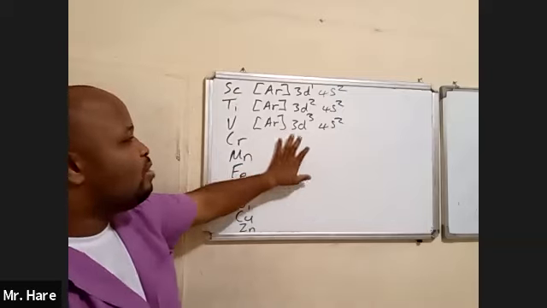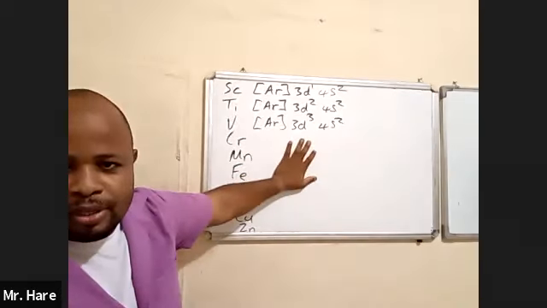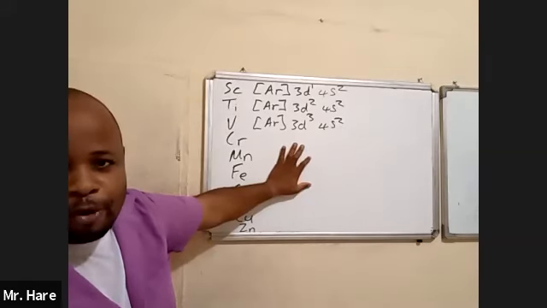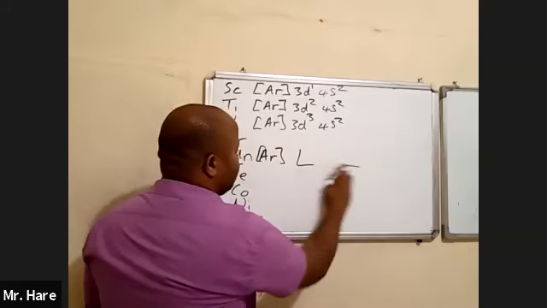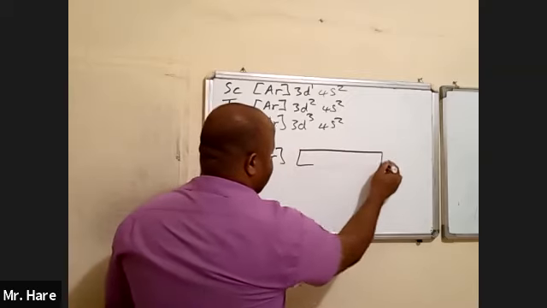Now, when you're going to remove an electron, which orbital do you take it from first? 4s. And you must also remember that you should be able to do the box method.